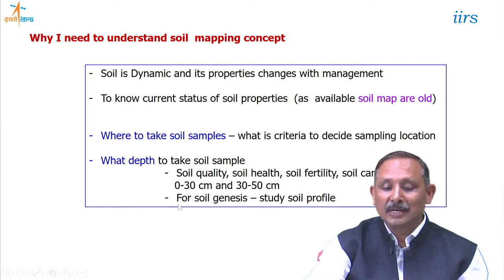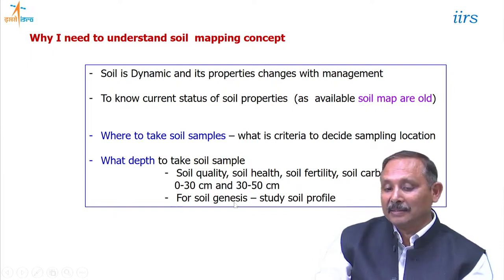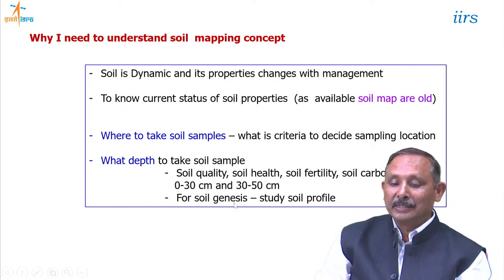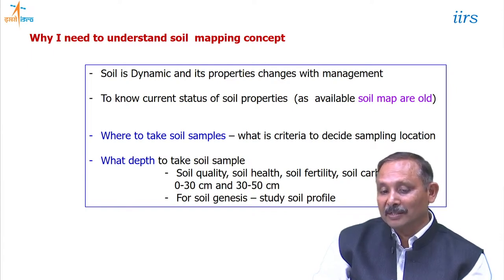But if you want to study soil genesis and complete soil analysis, then you have to study the soil profile. Soil scientists doing conventional soil mapping and standard soil survey study the soil profile. Other planners or researchers can go for surface and subsurface sampling to characterize the soils to meet their objective.